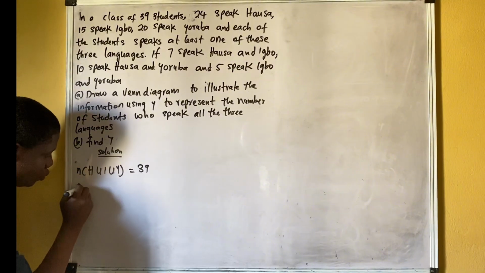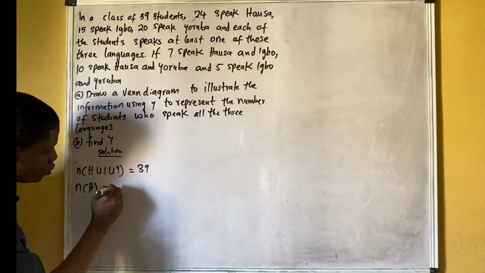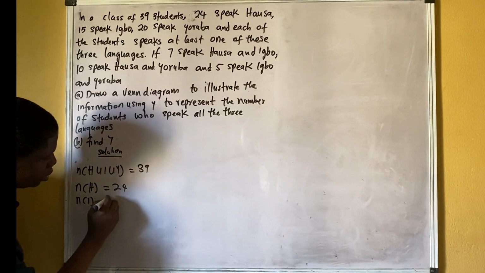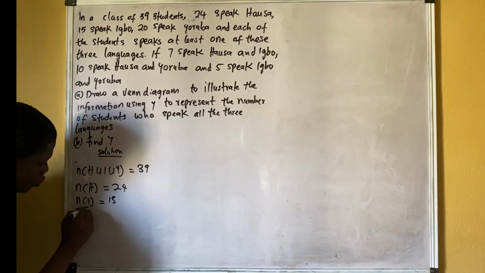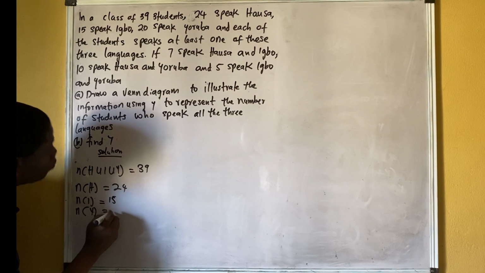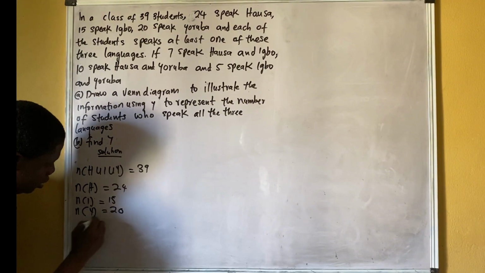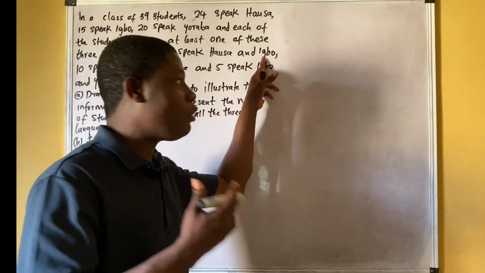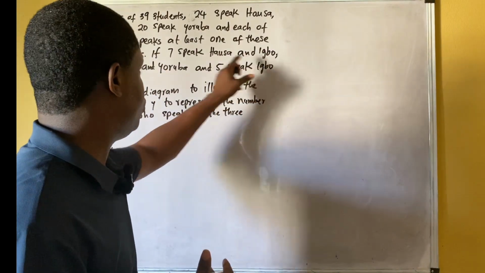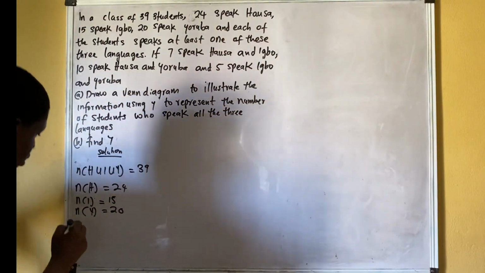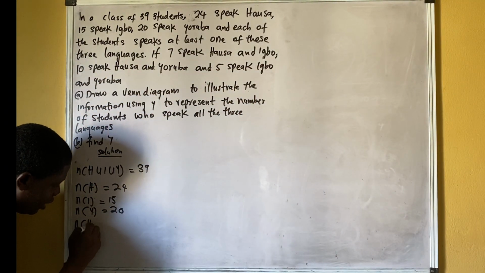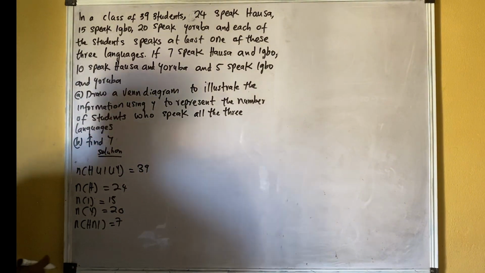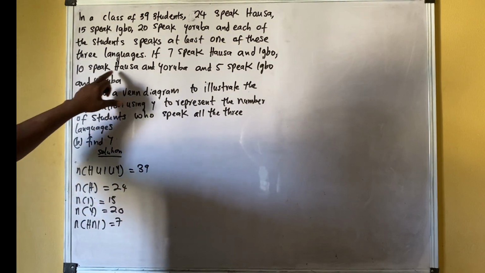Okay? And 24 speak Hausa. So the number of those who speak Hausa is equal to 24. Those who speak Igbo is equal to 15. Number of those who speak Yoruba is equal to 20. And we have it that 7 speak Hausa and Igbo. This means Hausa intersection Igbo is 7, right? 10 speak Hausa and Yoruba.